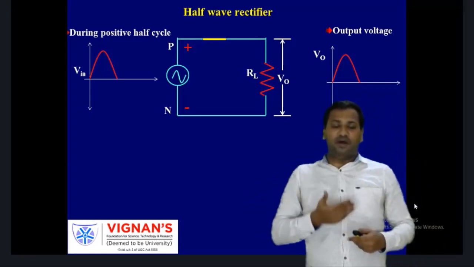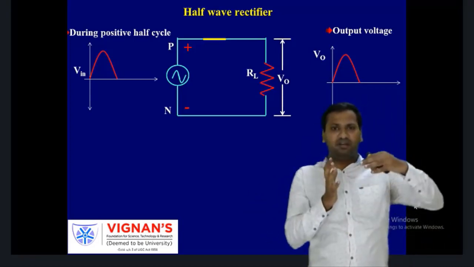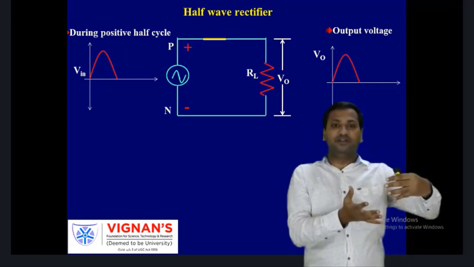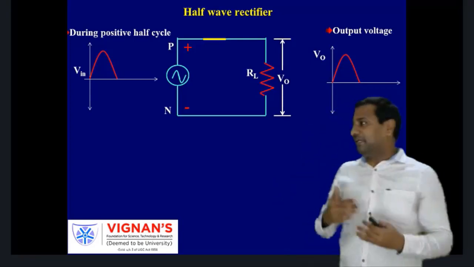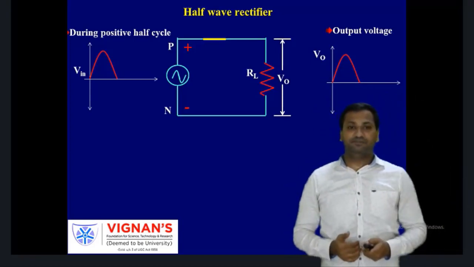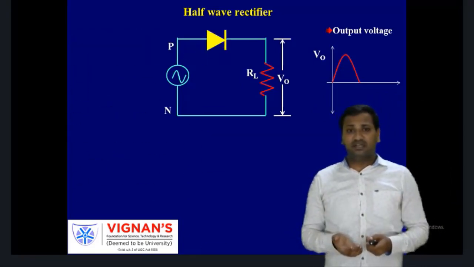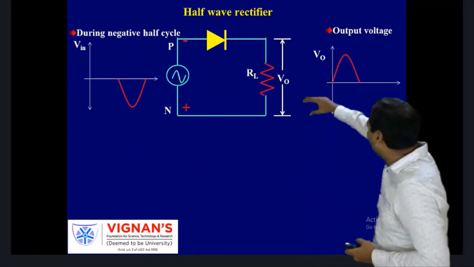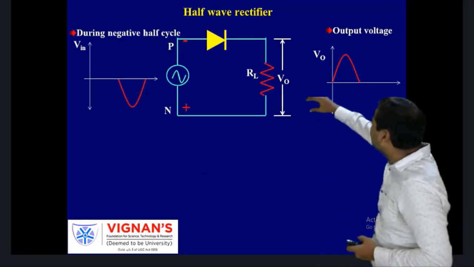When we come to the negative half cycle, the polarities of the input voltage given to the rectifier are reversed.